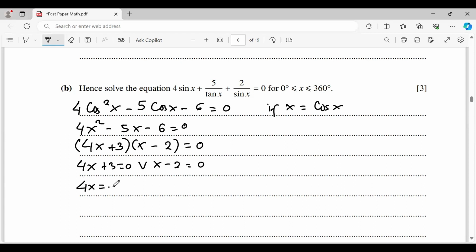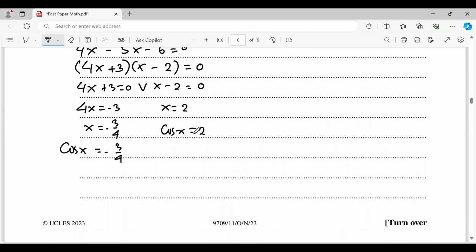So x equals minus 3 over 4, or x equals 2, that is cosine x equals 2 or cosine x equals minus 3 over 4. If cosine x equals 2, there is no solution.